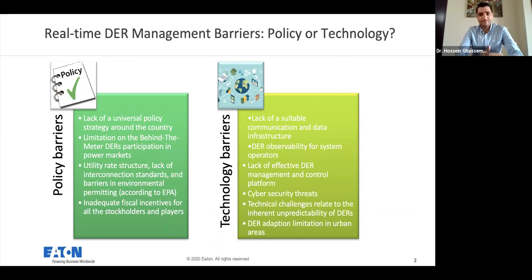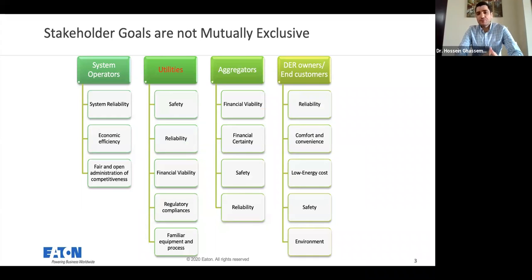Next slide, please. Again, to me, one of the main barriers is that not everyone has the same goal when it comes to DR adoption. One of the key players that needs to be fully incentivized is, in my mind, utilities.